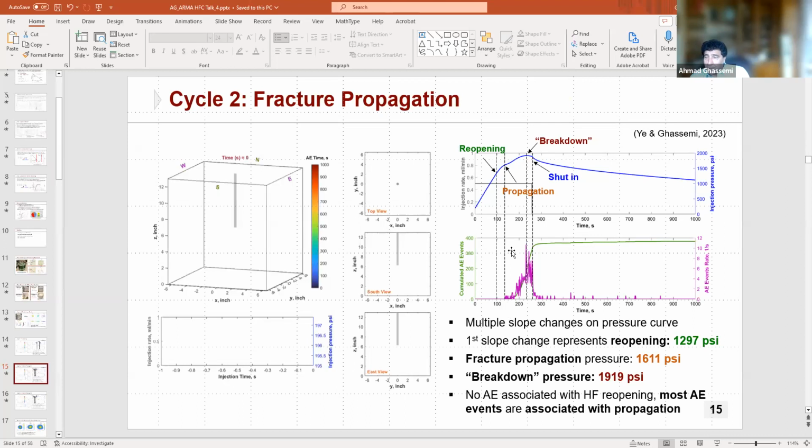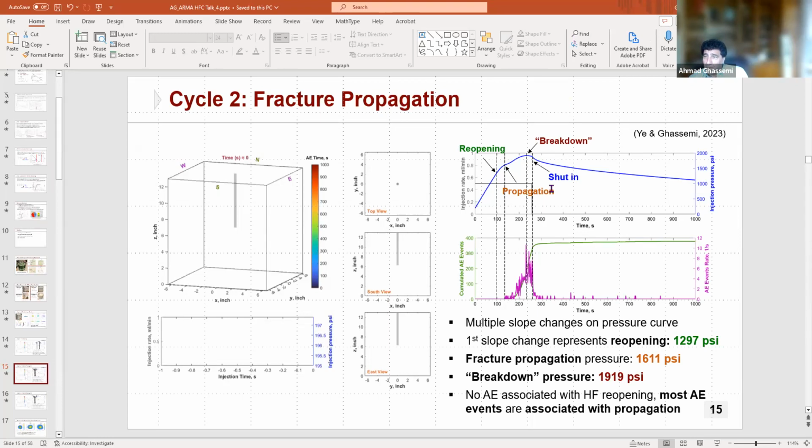It may be that there were very low amplitude that we could not detect, but at any rate, during the propagation phase, we do see an increased level of acoustic emissions, and then subsequent to that, when we get to fracture extension or the second quote-unquote breakdown, then we have a larger increase in AE level.